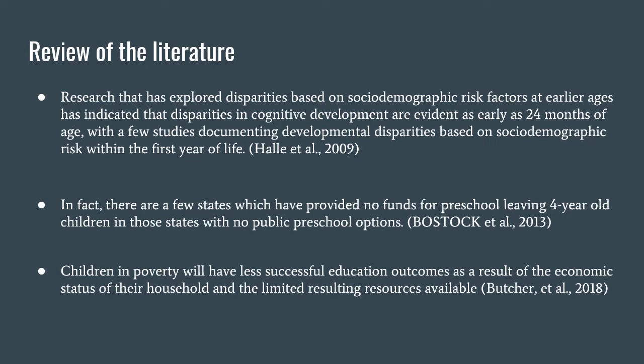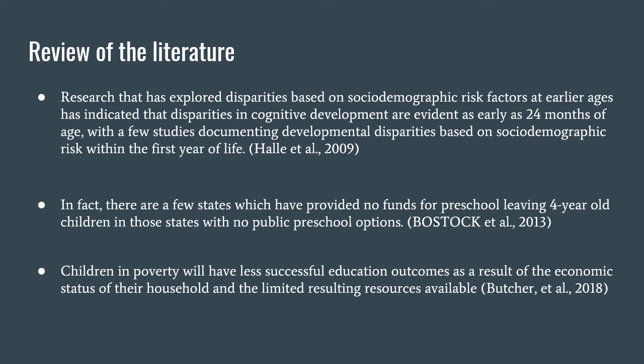Research has explored disparities based on sociodemographic risk factors at earlier ages, and this has indicated that there is a disparity in cognitive development that's evident as early as 24 months of age, with a few studies documenting development disparities based on sociodemographic risk within the first year of life. So these children are being impacted by poverty in a big way.